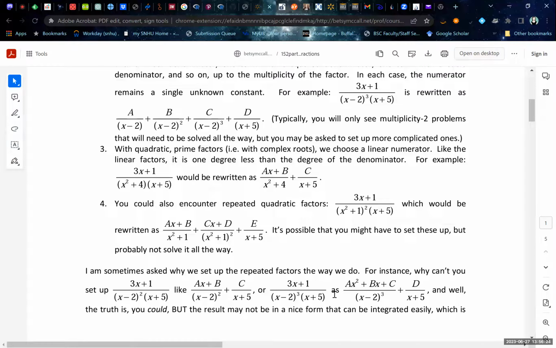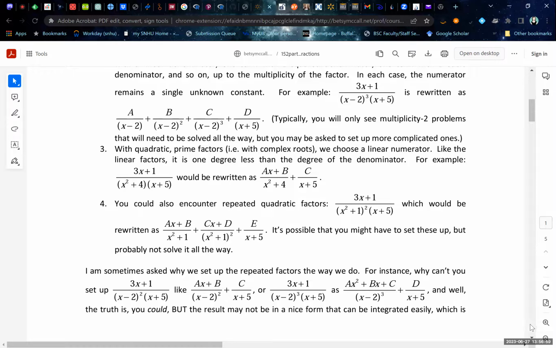Setting up a more complex factoring expression where you have lots of factors in your denominator, typically you're not meant to actually solve all of those. That's what technology is for. But you may be asked to set up the decomposition, and remembering that if you have multiplicity 3, then you have to make it 3 times, with each factor increasing by a degree of 1, and then the repeated quadratic factors and so forth.